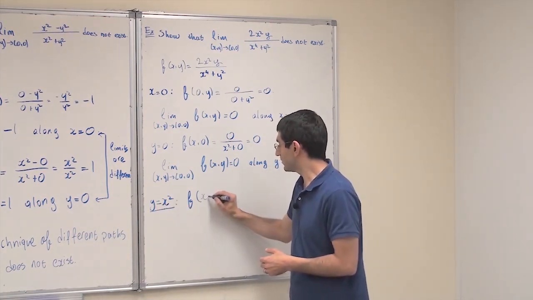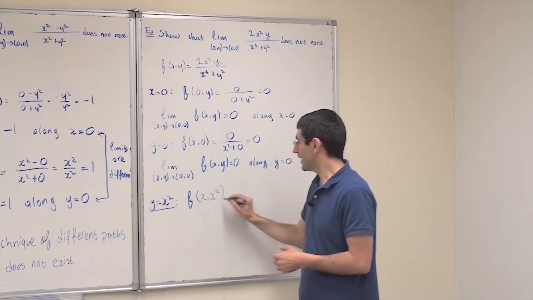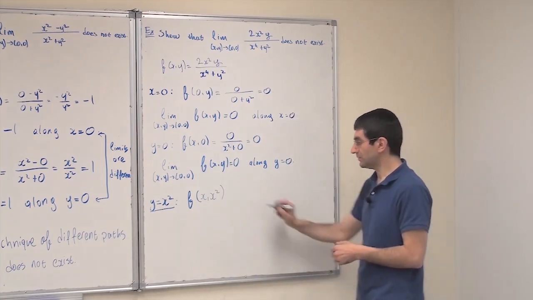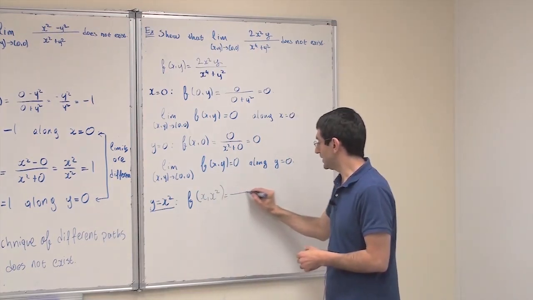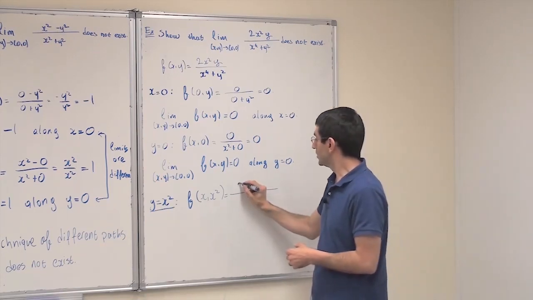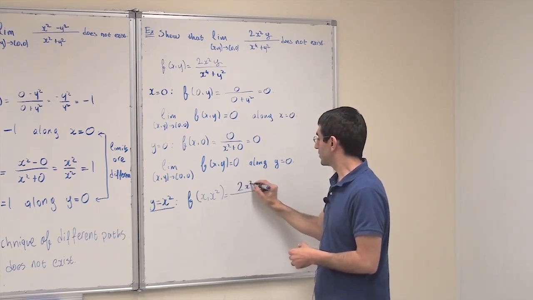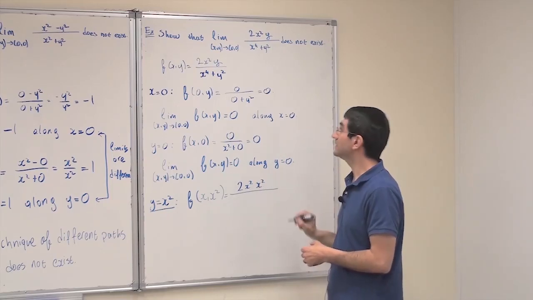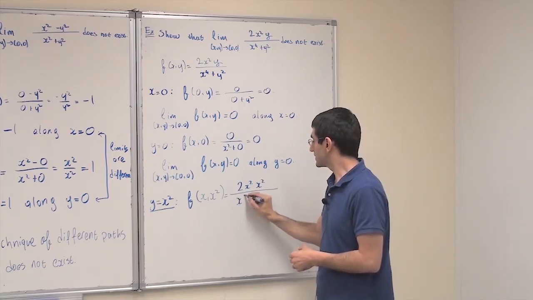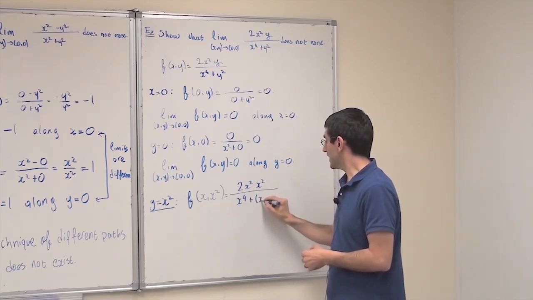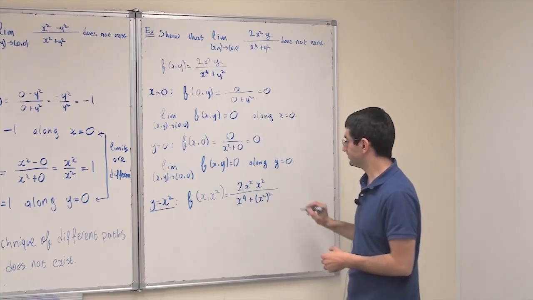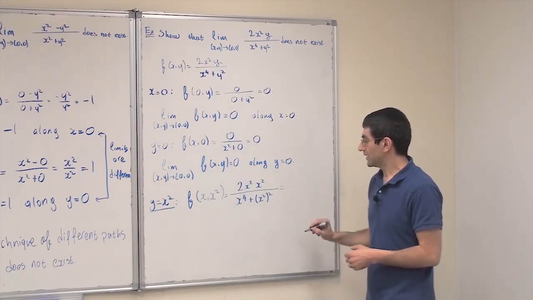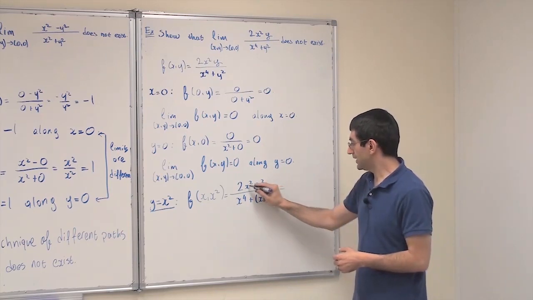So our function f of (x, y) will be 2x squared times x squared over x squared plus x squared squared. Okay, so let's simplify that.